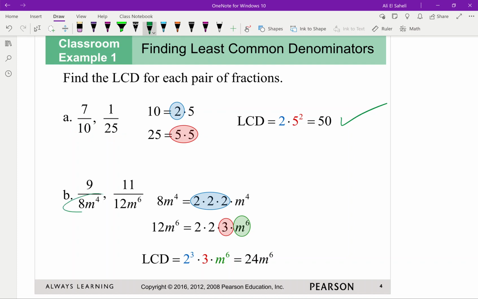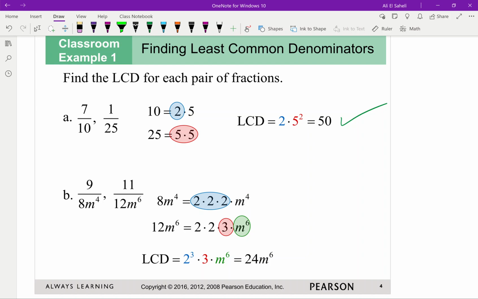Now let's consider these two denominators. 8 is 2 times 2 times 2, factored completely, and you have m to the power 4. We can think of m to the power 4 as m times m times m times m. 12 is factored into 3 times 4, so 3 times 2 times 2, and m to the power 6 is m times itself 6 times.